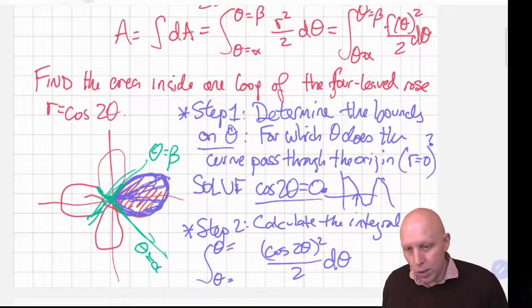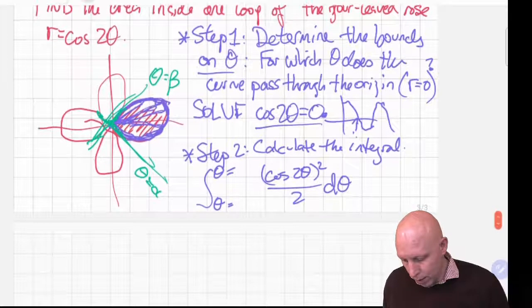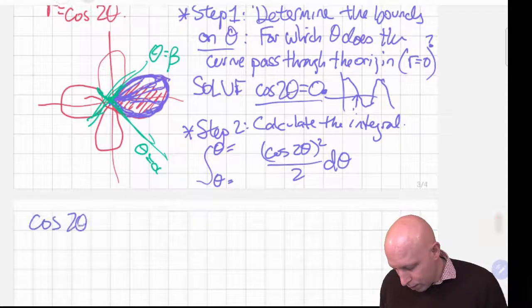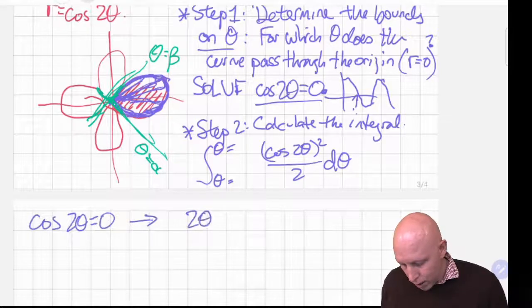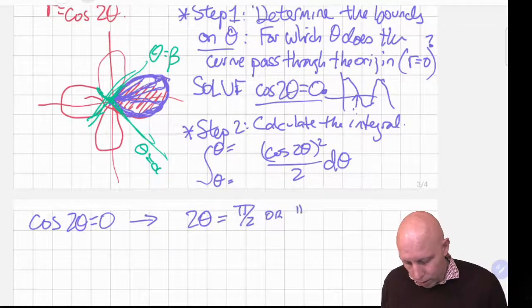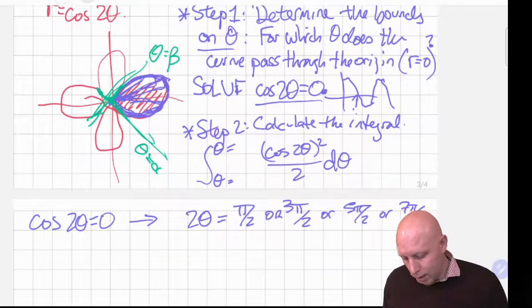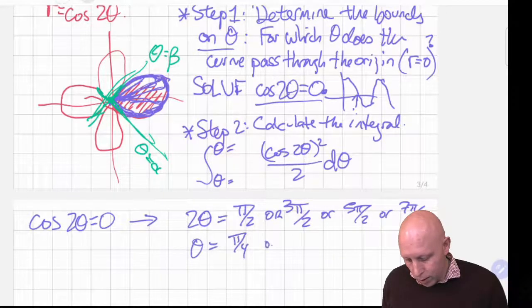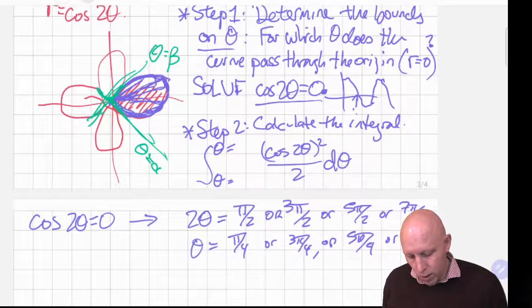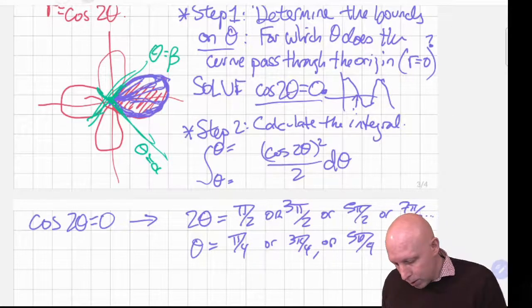Cosine of a value is equal to 0 at pi over 2, 3 pi over 2, 5 pi over 2, 7 pi over 2, etc. So cosine of 2 theta equals 0 means that 2 theta is equal to pi over 2, or 3 pi over 2, or 5 pi over 2, or 7 pi over 2, etc., which means that theta is equal to pi over 4, or 3 pi over 4, or 5 pi over 4, or 7 pi over 4, etc. And so this value is when theta is equal to pi over 4.